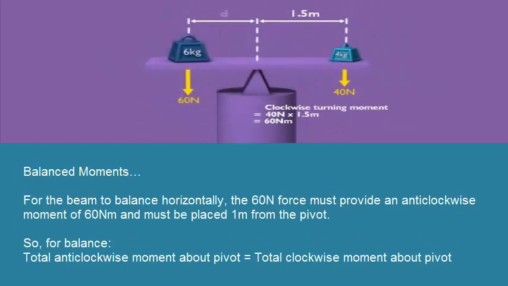For the beam to balance horizontally, the 60 newton force must provide an anti-clockwise moment of 60 newton meters and must be placed 1 meter from the pivot. So, for balance, total anti-clockwise moment about pivot equals total clockwise moment about pivot.